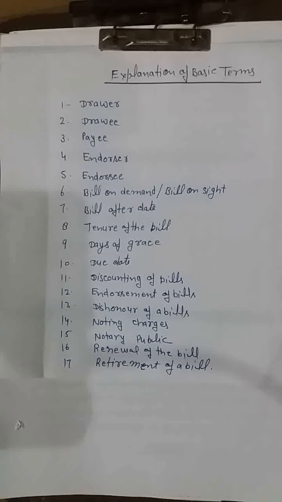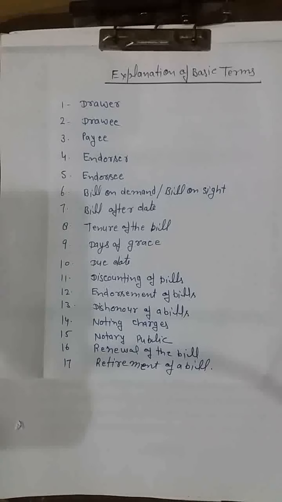Number 16. Renewal of the bill. Sometimes the acceptor of the bill finds that it may be difficult to meet the obligation of the bill on due date and may therefore approach the drawer to cancel the old bill and draw a new bill with new terms of payment. It is drawn, duly accepted and delivered.